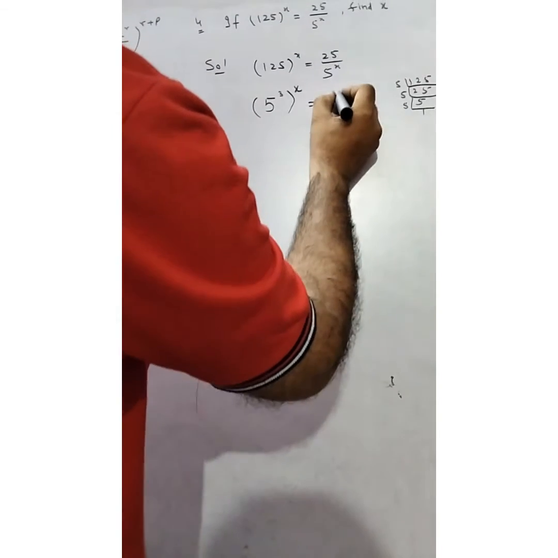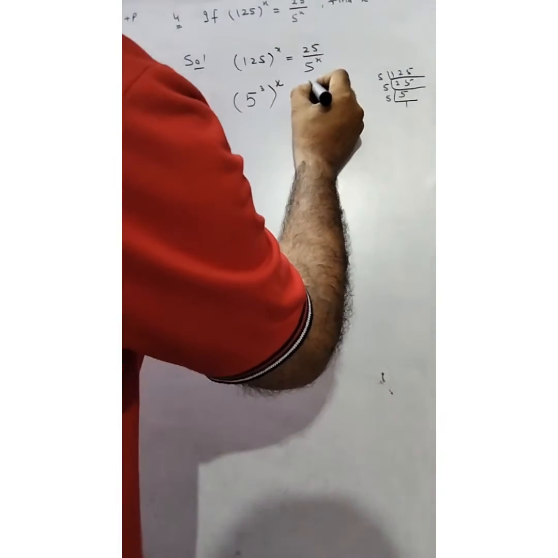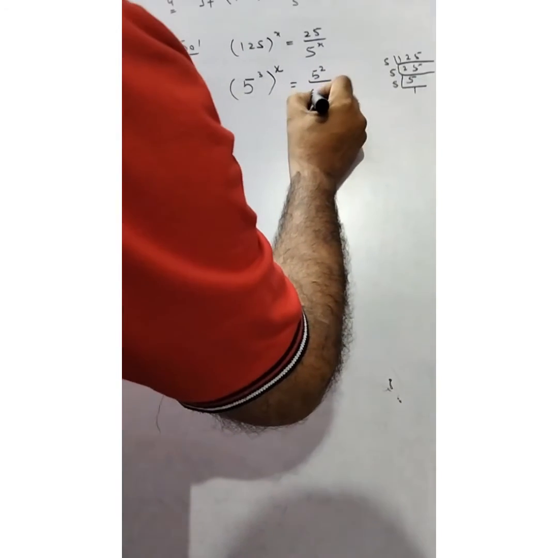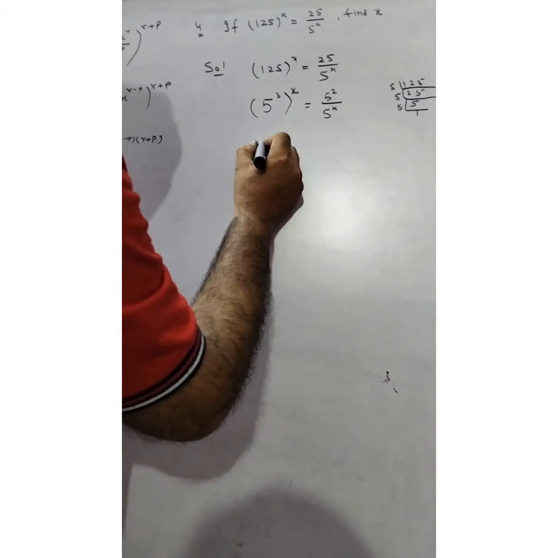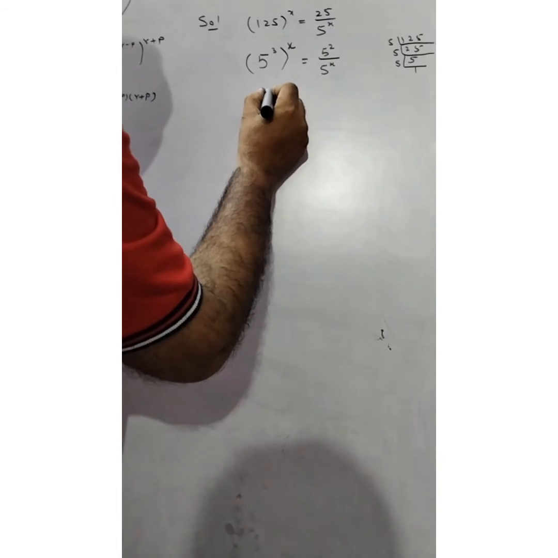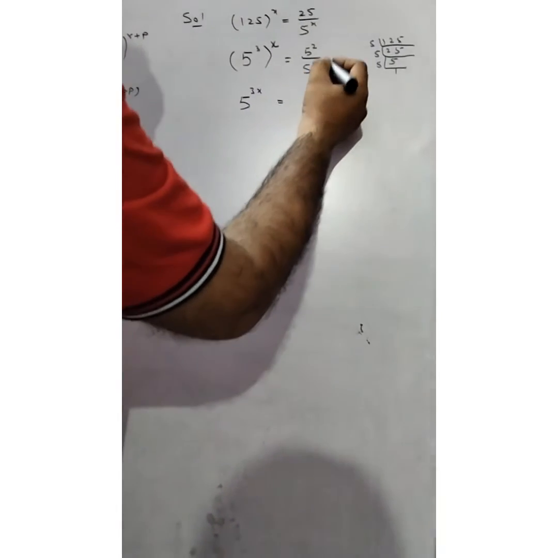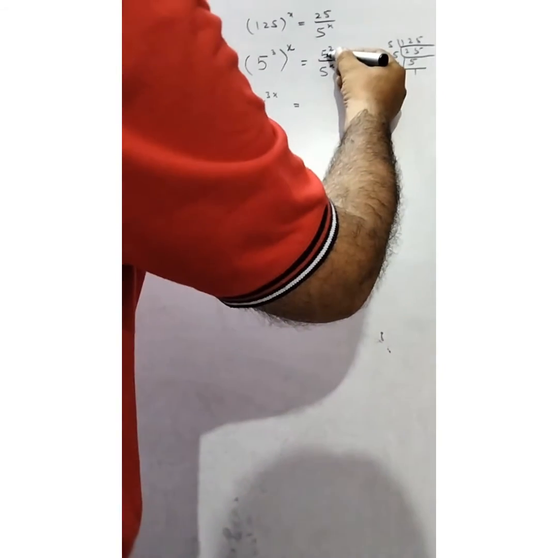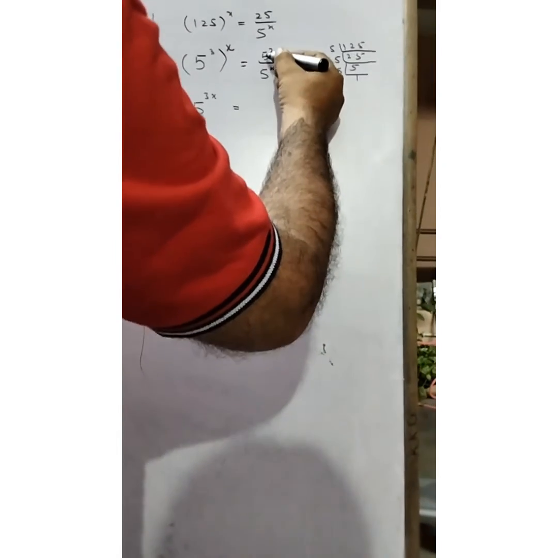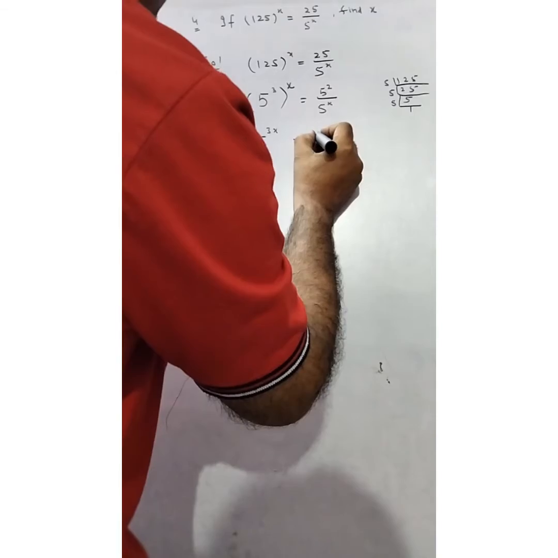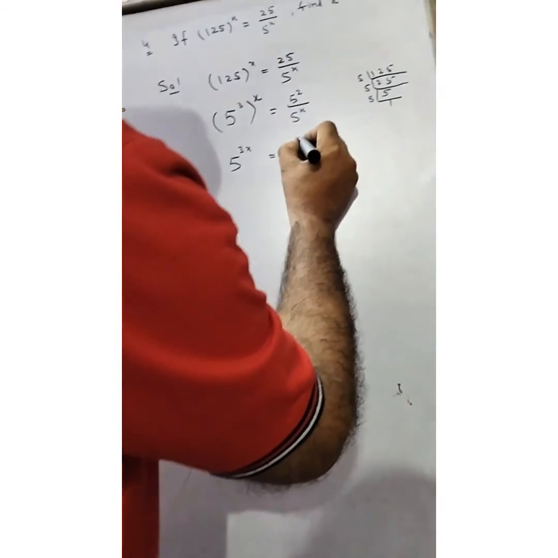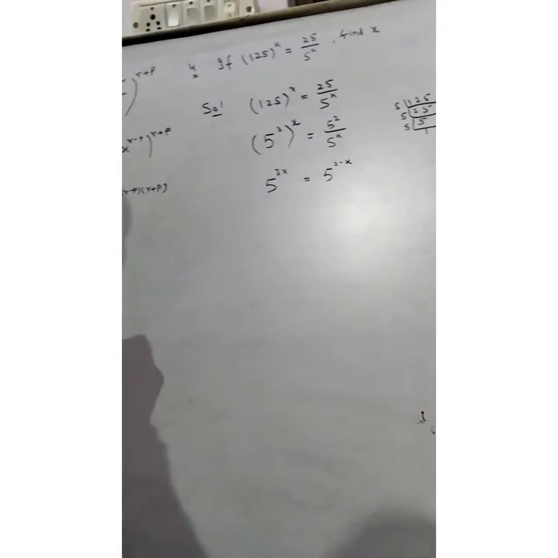Now 25 we can write as 5 raised to the power 2, and 5 raised to the power x is as it is. Now we can write 3 into x, 3x. Here we have 5 raised to the power 2 and 5 raised to the power x. Both bases are the same. In division cases we subtract the powers.